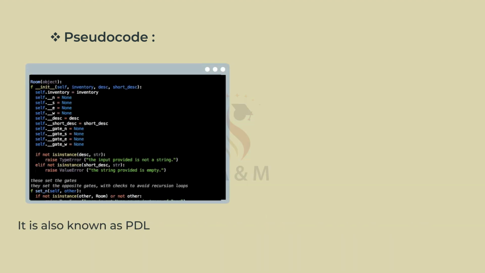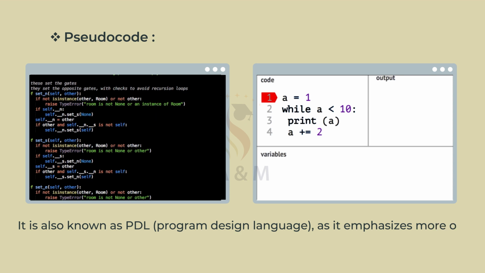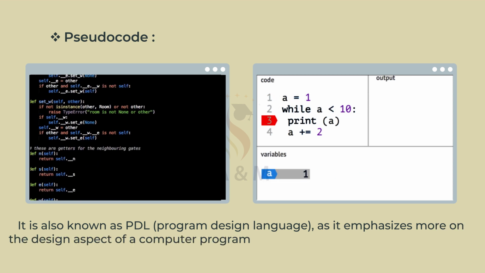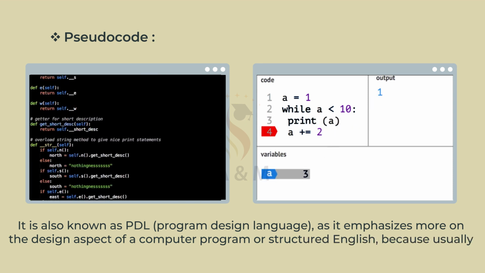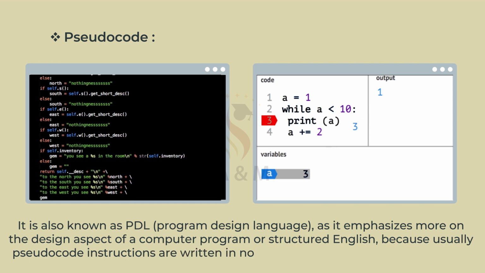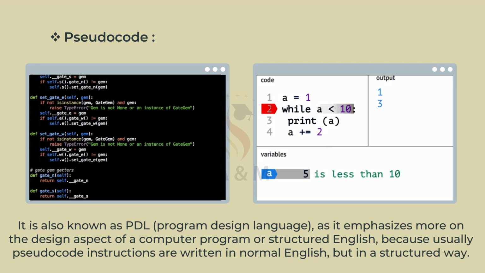It is also known as PDL, that is Program Design Language, as it emphasizes more on the design aspect of a computer program, or structured English, because usually pseudocode instructions are written in normal English but in a structured way.